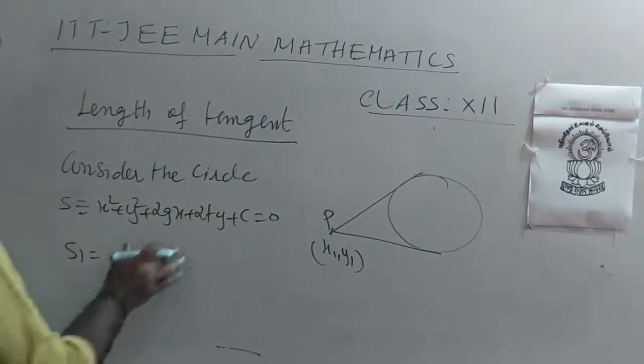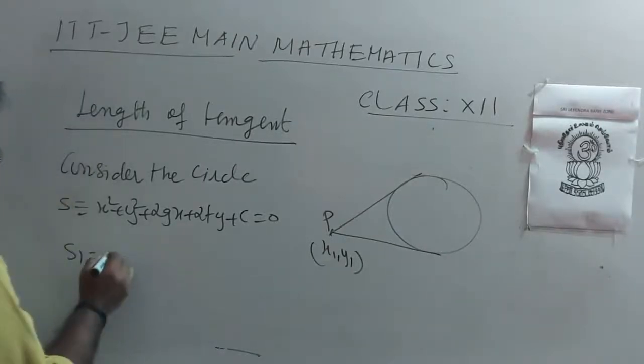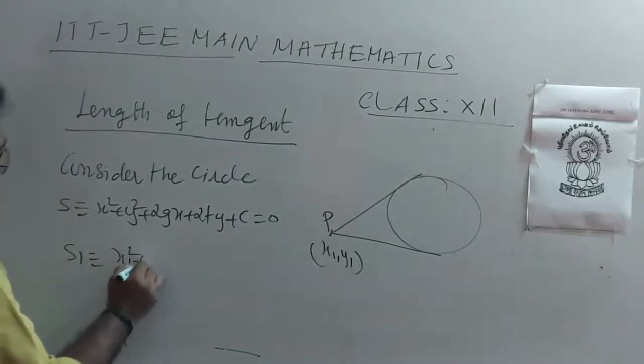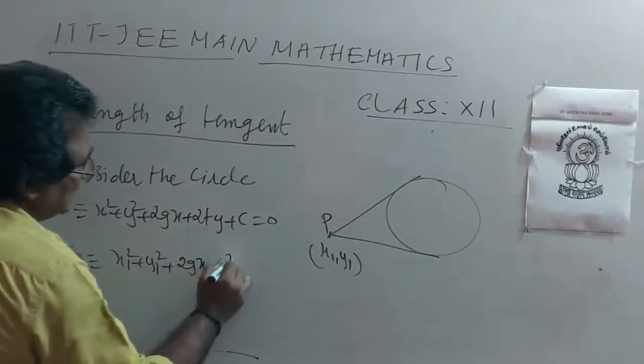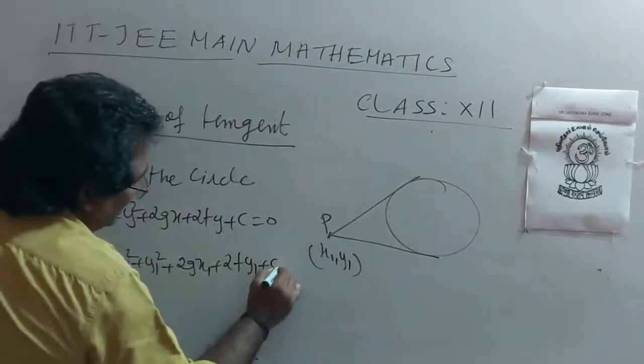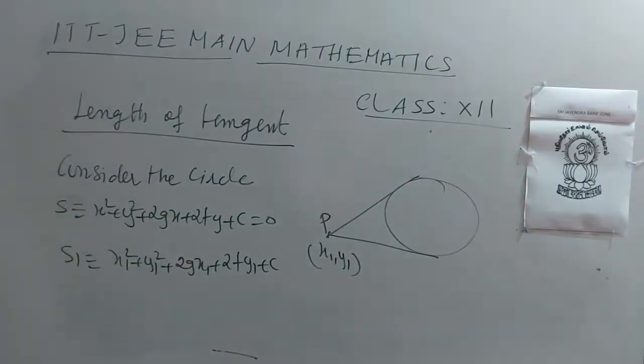S1 means just replace x y by x1 y1: x1 square plus y1 square plus 2g x1 plus 2f y1 plus c.